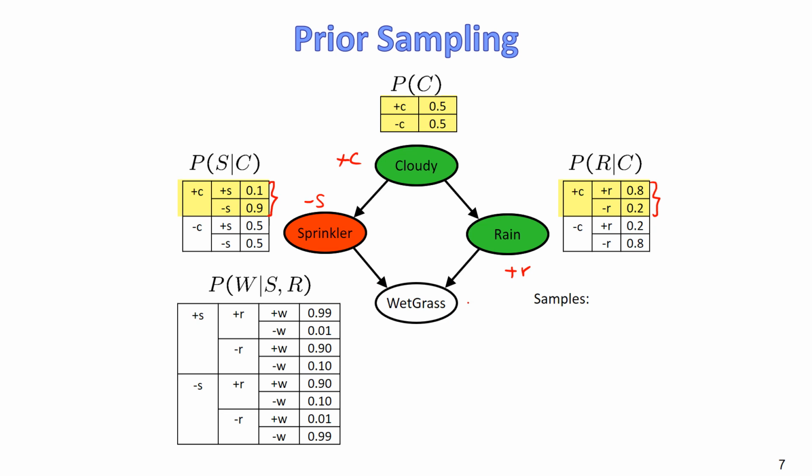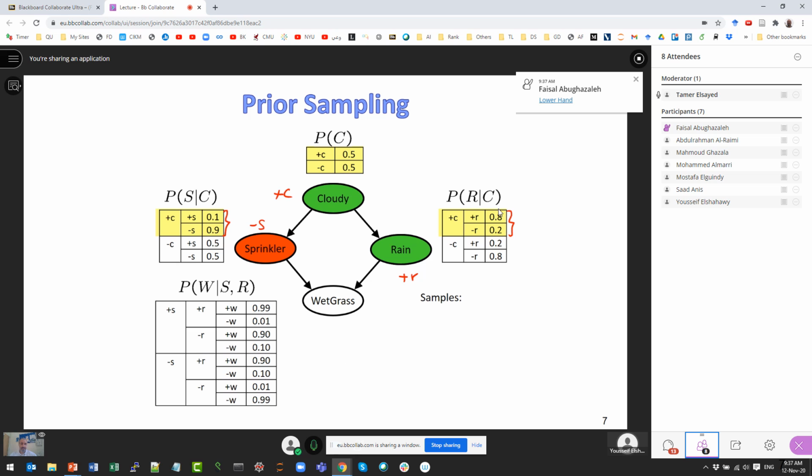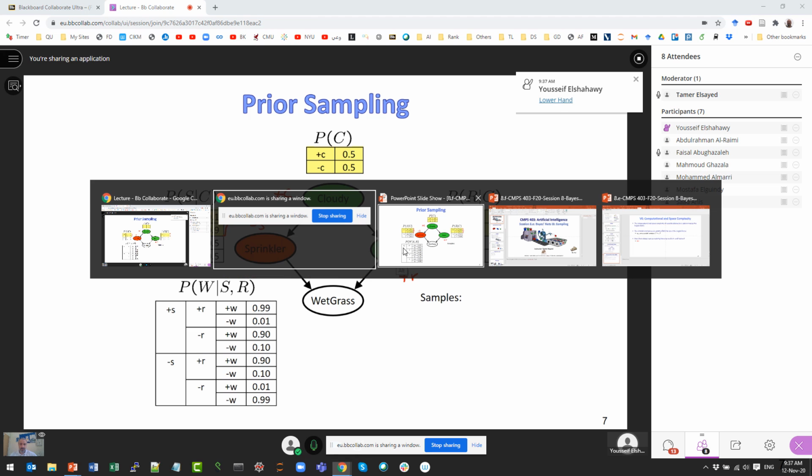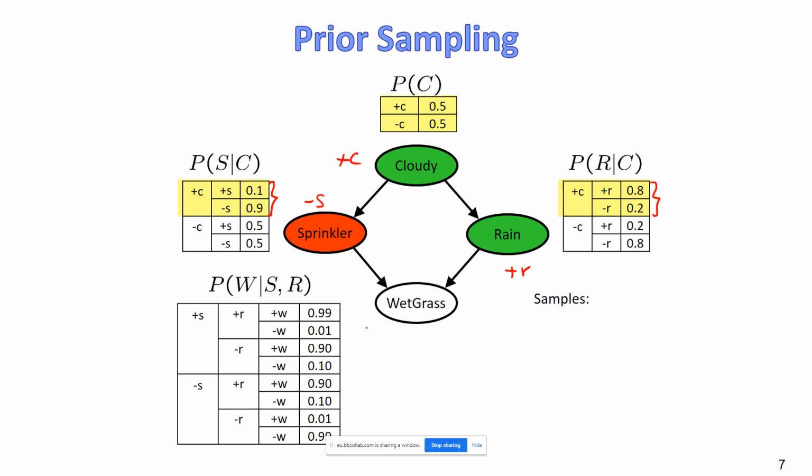Now we want to draw a sample for this variable. Which part of that table will be the distribution that we will draw the sample from? Can anyone tell me? Faisal? Which part of the table, Faisal?